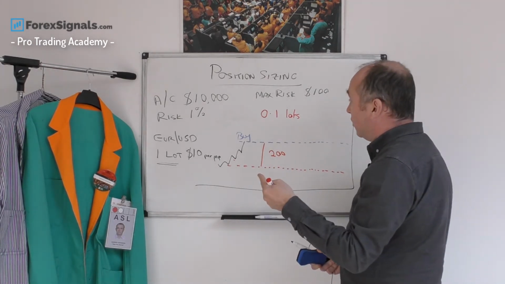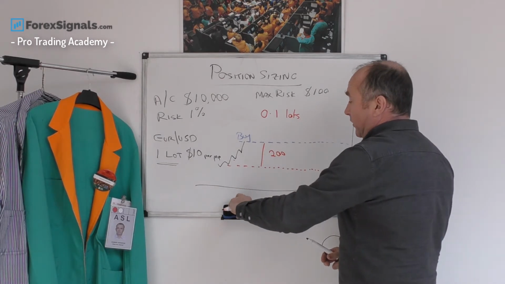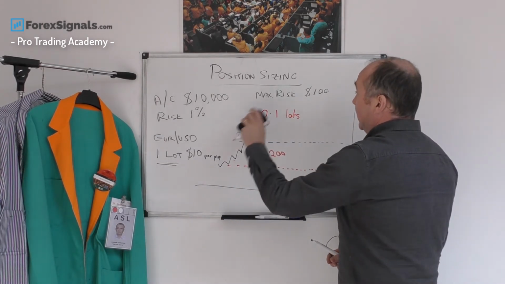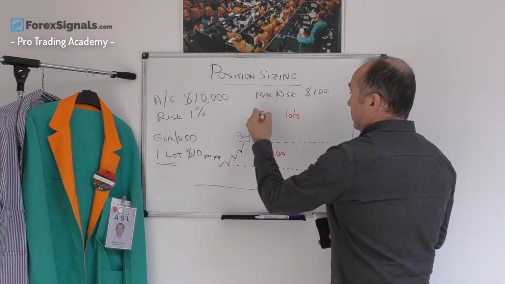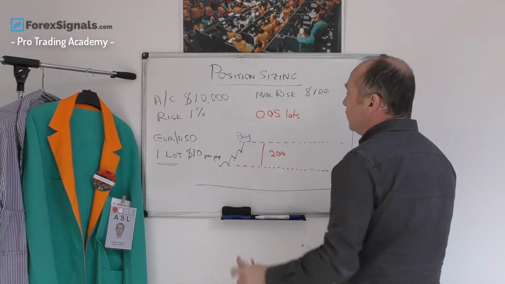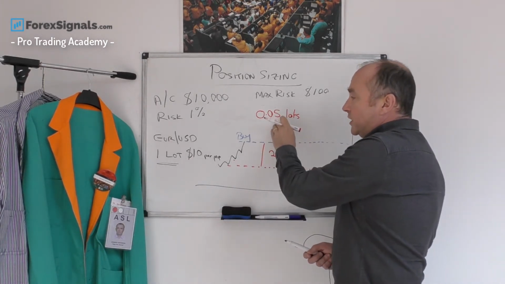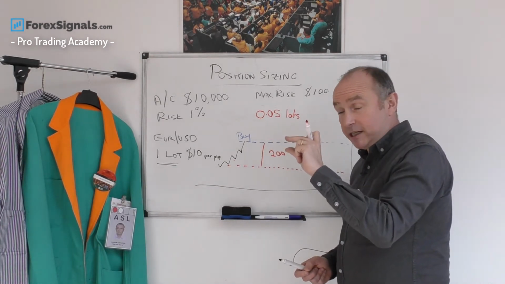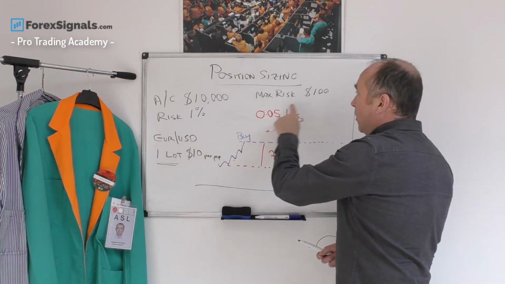So we need to reduce that lot size even further because we're only allowed to lose $100 on this. In fact, we'd have to reduce that down to 0.05 of a lot. So you can see here, as the stop distance increases, the lot size has to decrease as well to maintain the same risk exposure of 1% of the account.